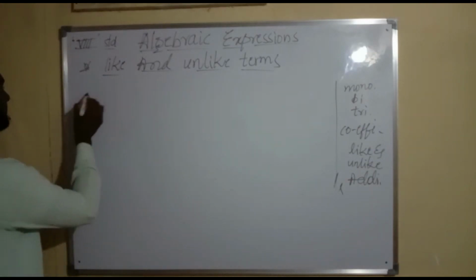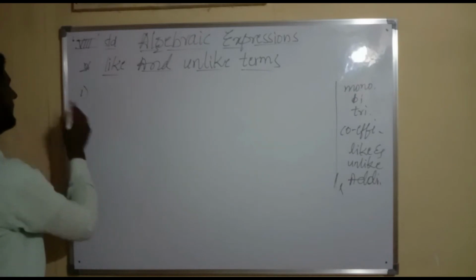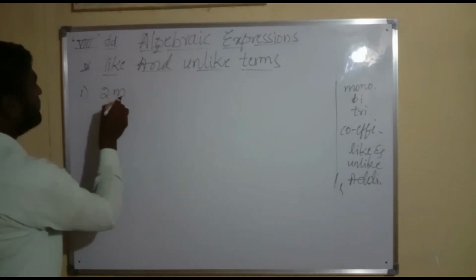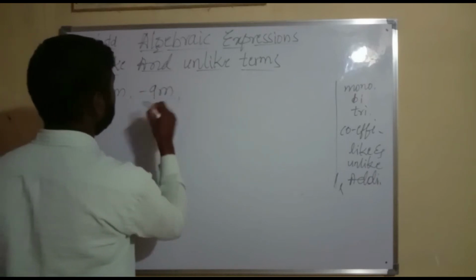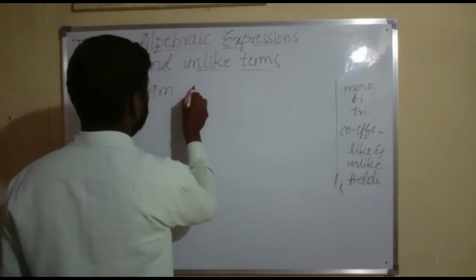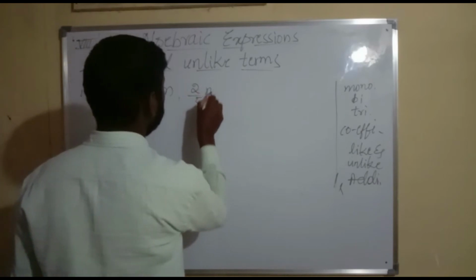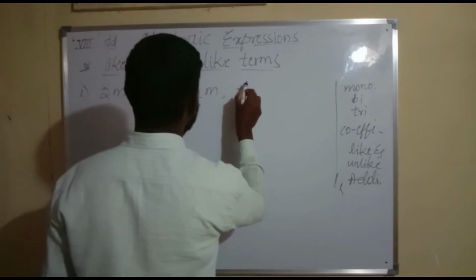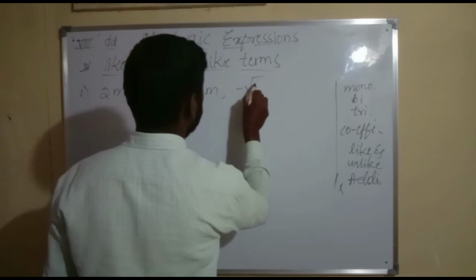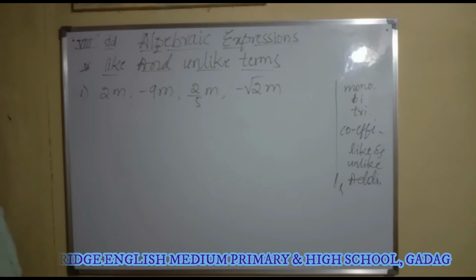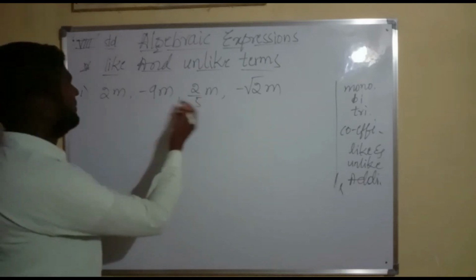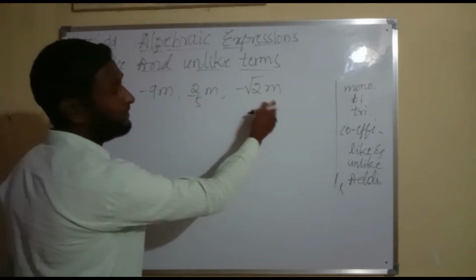For example, I will write 2m, minus 9m, 2 by 5m, or minus root 2m. Here I can say these are all called like terms.